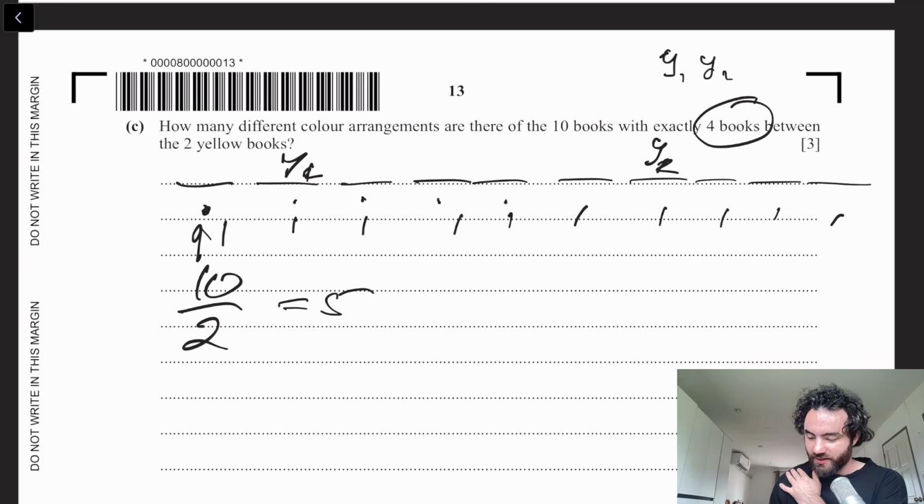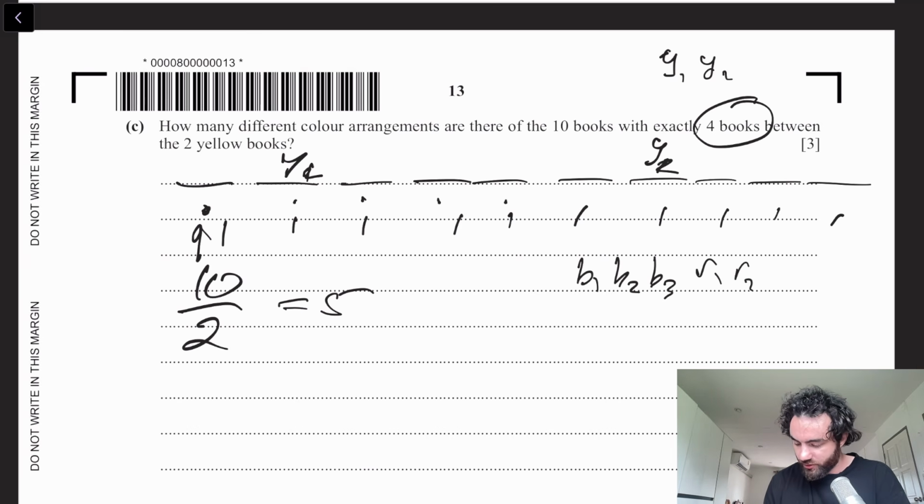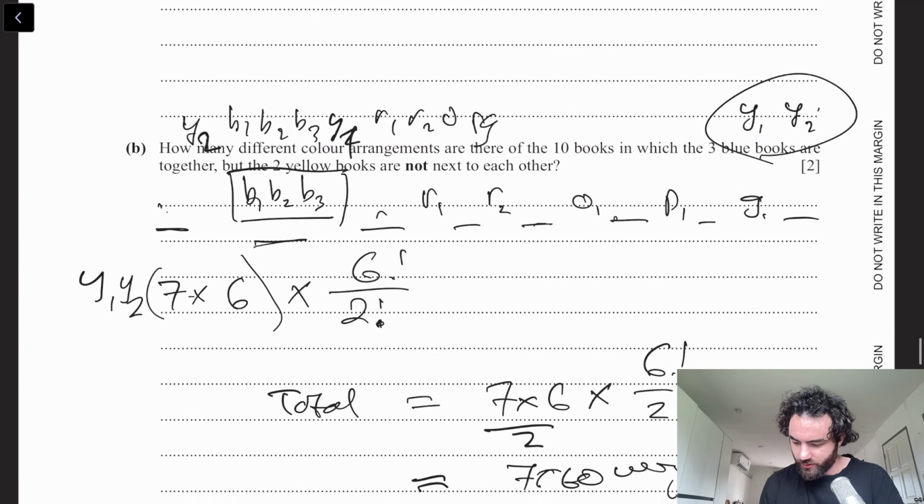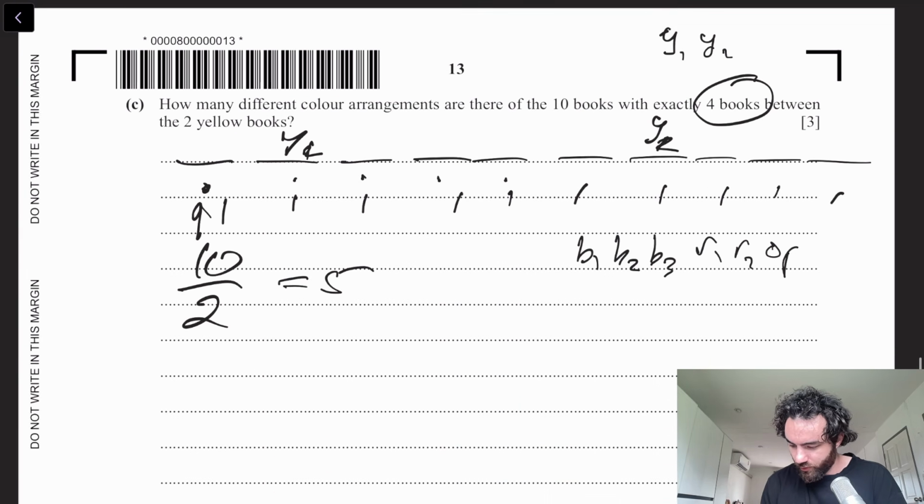And then the rest of these books, which would be blue 1, blue 2, blue 3, for each of these possible ways, red 1, red 2, orange, purple, green: 1, 2, 3, 4, 5, 6, 7, 8.